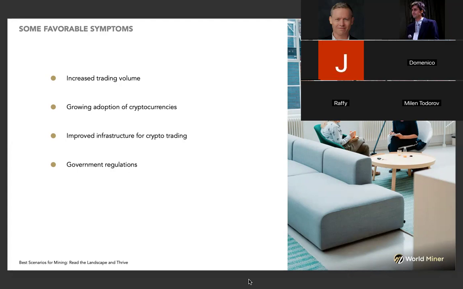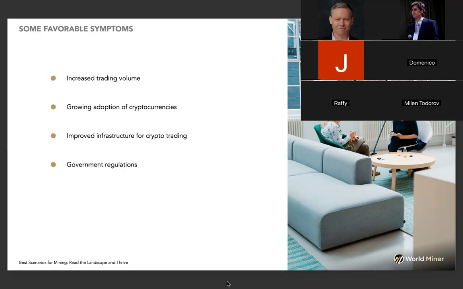And this makes it more attractive to investors, in this case crypto exchanges. And also the market condition in Turkey is very favorable, for example, for crypto. Government regulations that are in favor of the crypto industry can also create a more positive environment for digital mining and crypto trading.